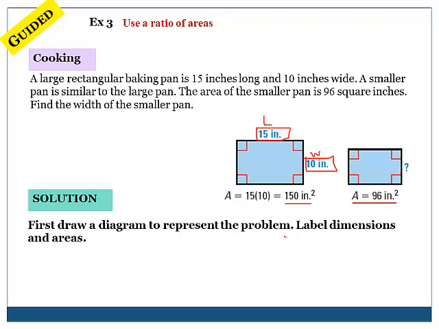What am I asked to find? I'm asked to find the width here, which you can call W, you can call X, it's completely up to you. But what I would do is 10, because that's my corresponding side length, 10 is to W as 150 is to 96.